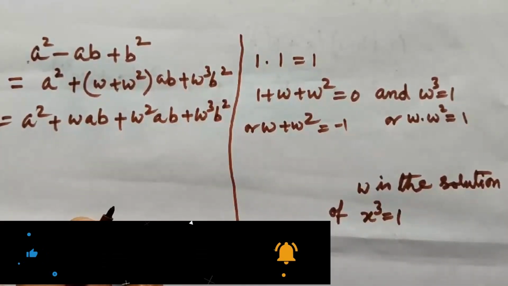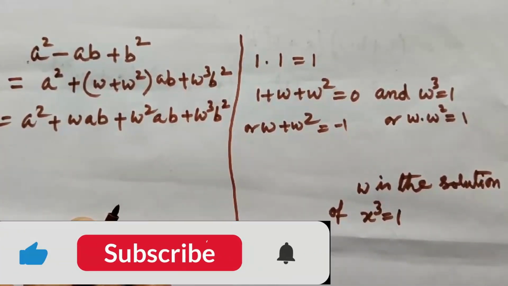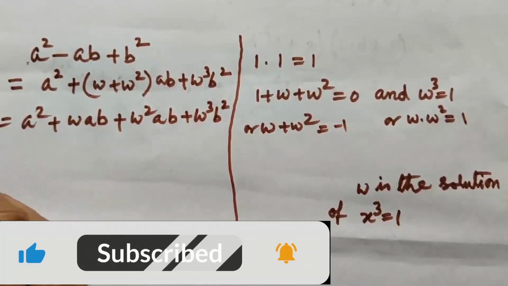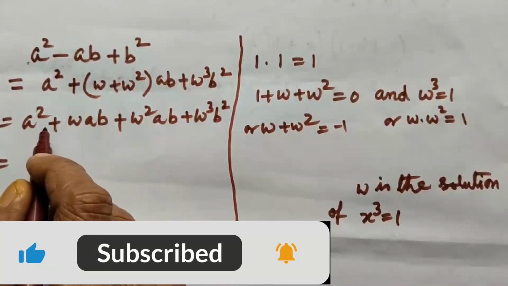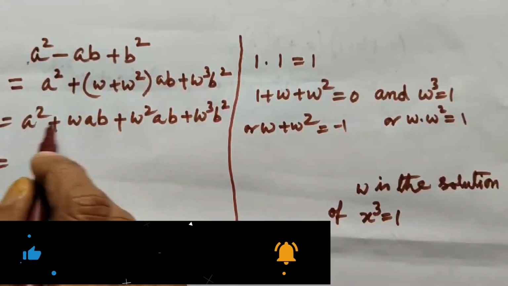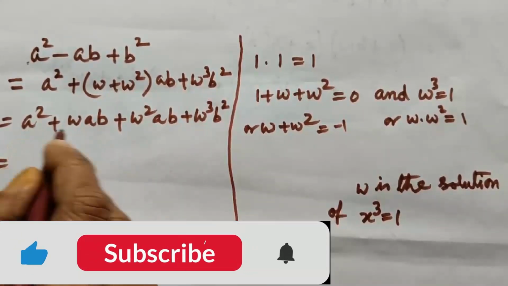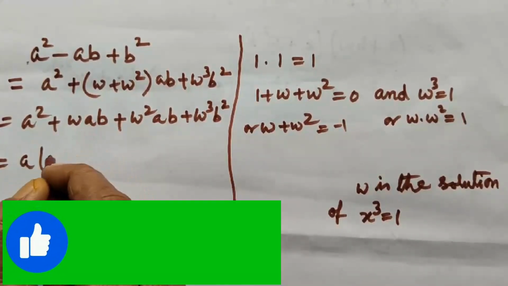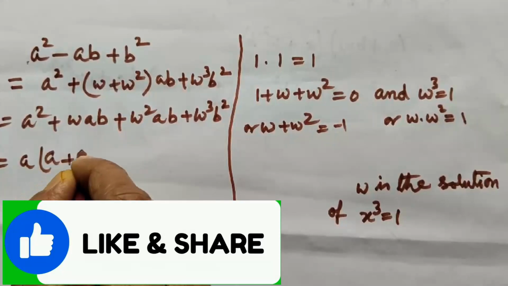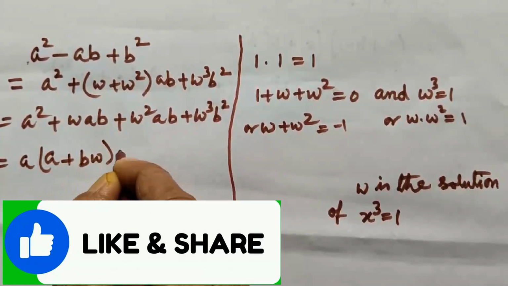Now we follow the method of middle term factorization. Obviously we take out the common values, first from the first two terms. What is to be taken out common? a, because here is a square, here is a plus b omega.